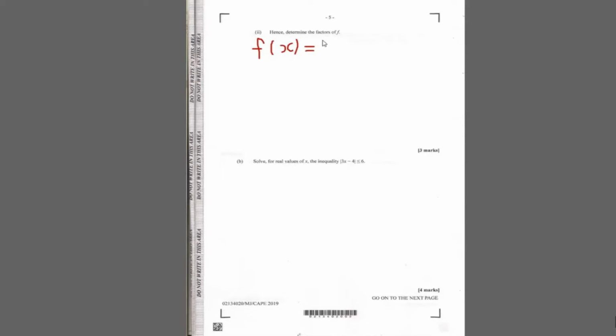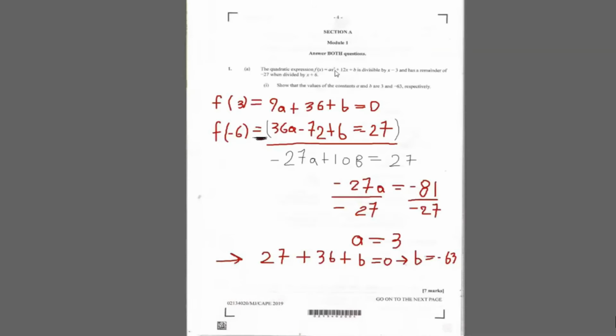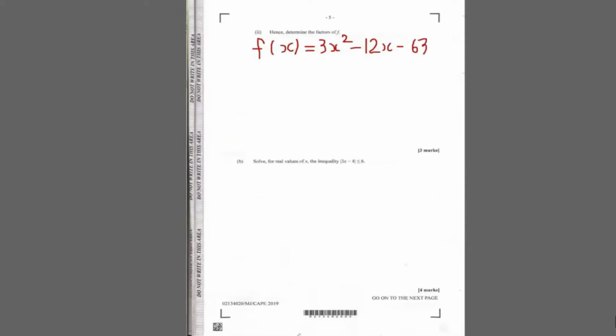It was ax squared, so it's 3x squared plus 12x plus b, and b is minus 63. I just want to check back to make sure this is what f of x will be now. 3x squared plus 12x minus 63. So it's plus 12x here.